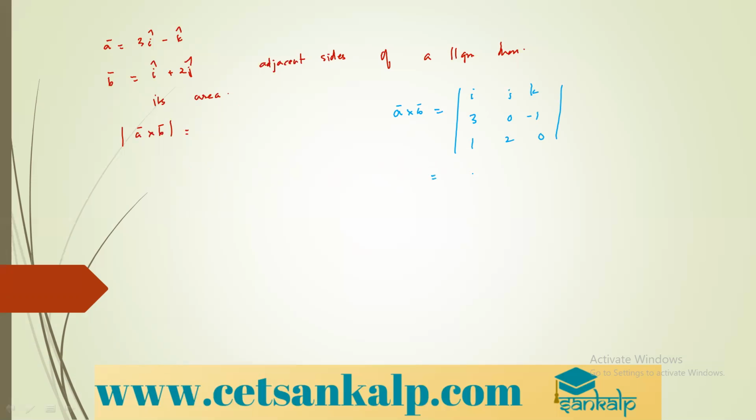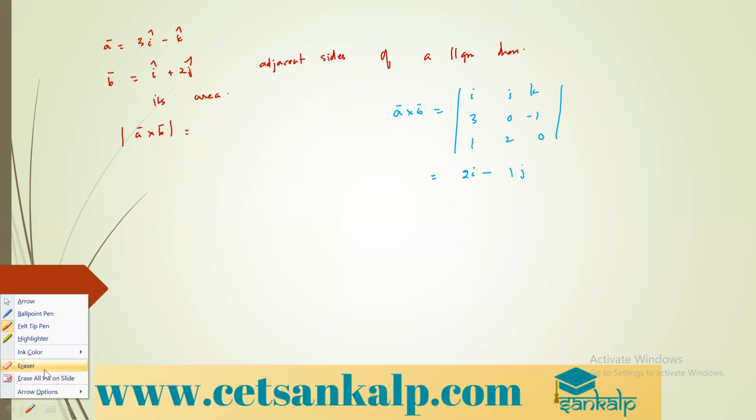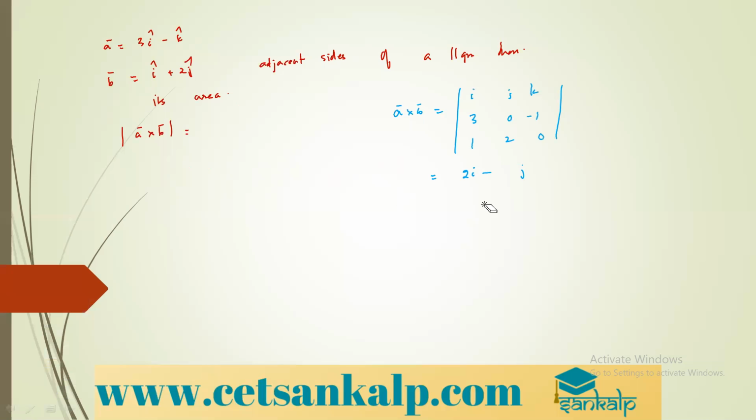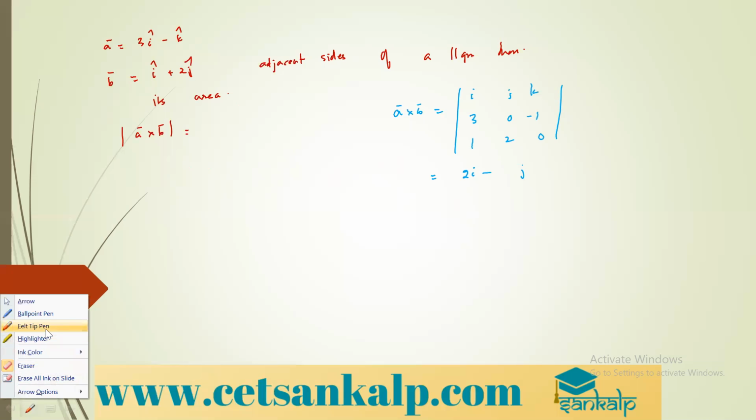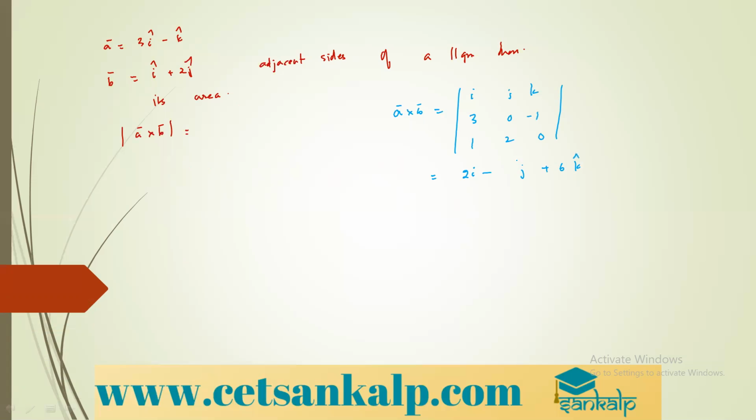So it will be i multiplied by 2, minus j multiplied by 1, that means simply j I will have, and then k multiplied by 6. Then the mod of vector A cross B will be square root of 4 plus 1 plus 36, that is square root of 41.